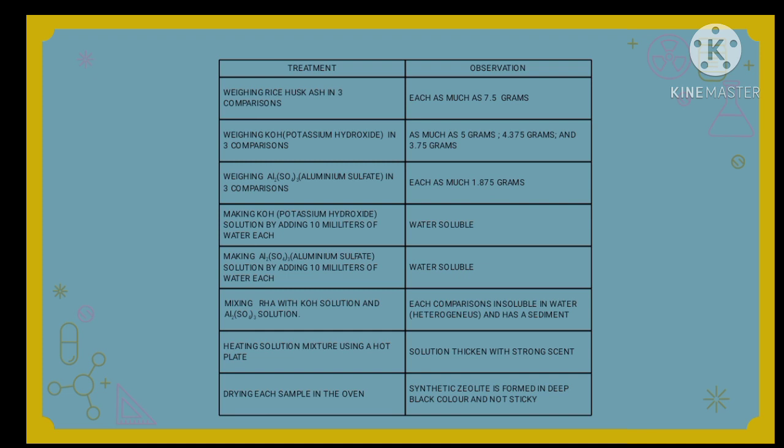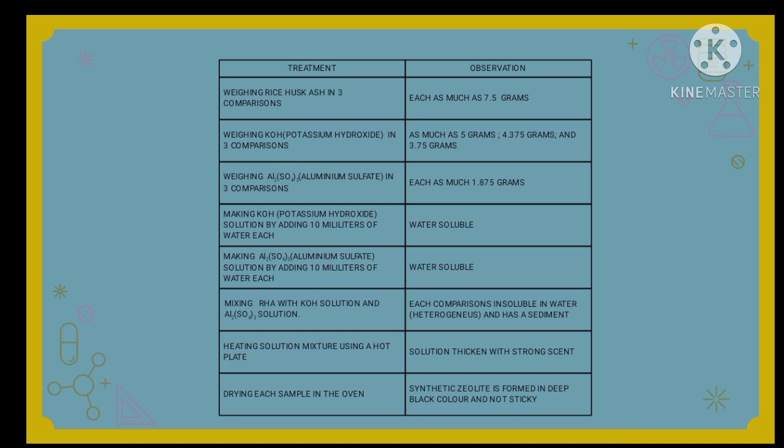The observation is as much as 5 grams. And the treatment with Al2SO4 in 3 compositions. The observation is as much as 1.857 grams. Treatment: next, making the KOH solution by adding 10 ml of water each.